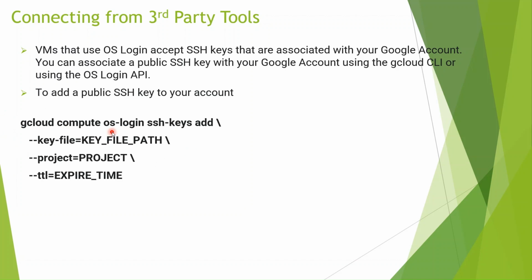So suppose I want to connect from my local machine, from my PuTTY. First I have to log in to Cloud Shell and run this command. It will attach that specific key to my account, so when I try to log in, it will create a connection from my account only. I will show you how it happens. I know it is a little confusing as of now.